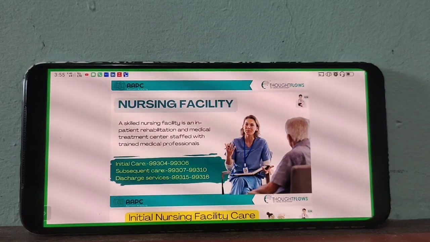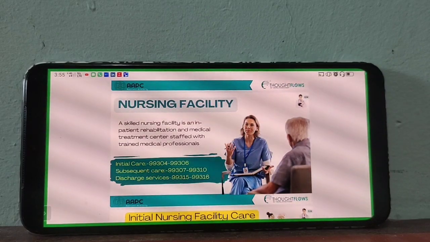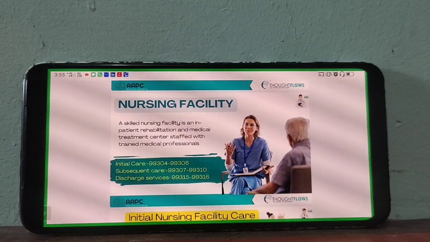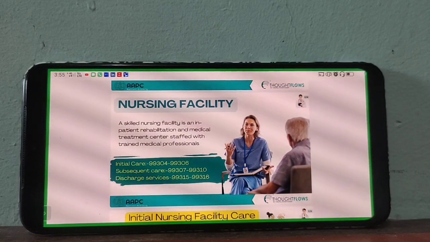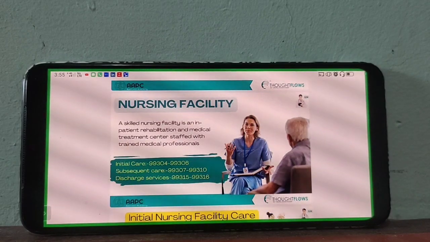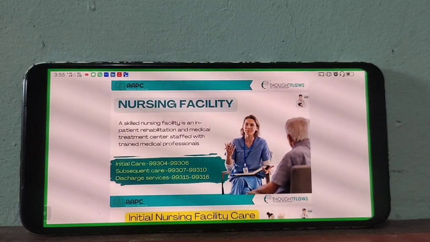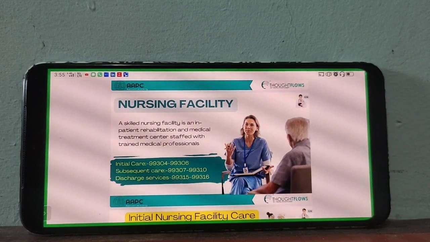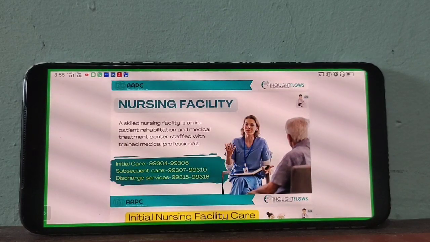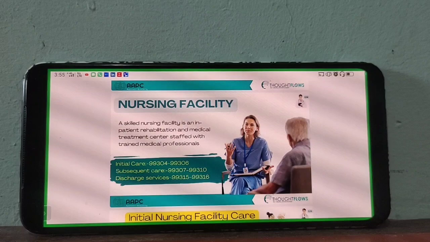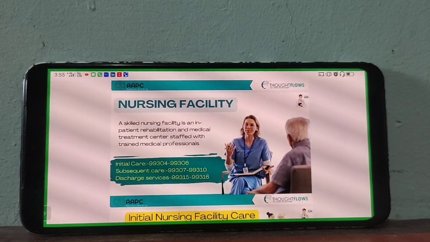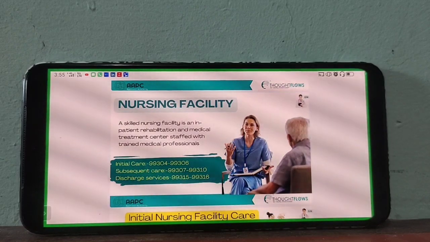If a patient is admitted into the facility on the first day, we should report 99304 to 99306. From the second day, 99307 to 99310. On the day of discharge, we should report 99315 to 99316.